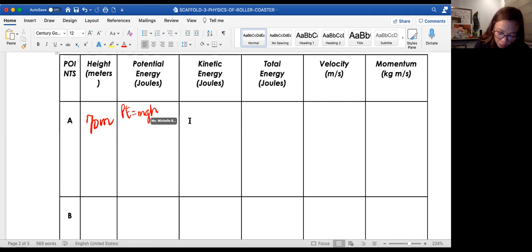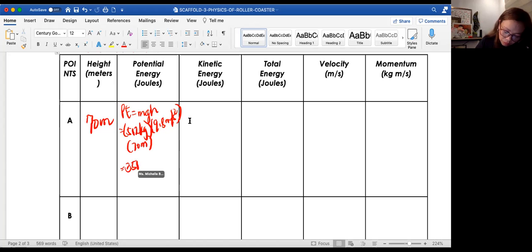We have our mass, which is 512 kilograms, multiplied by 9.8 meters per second squared, times 70 meters, which is equal to 351,232 joules.